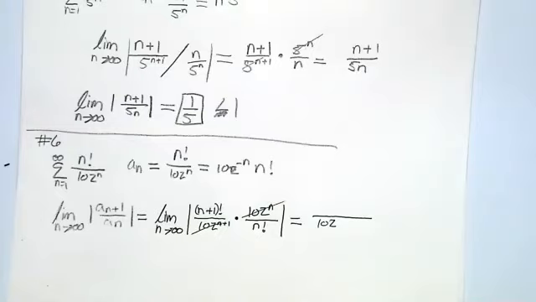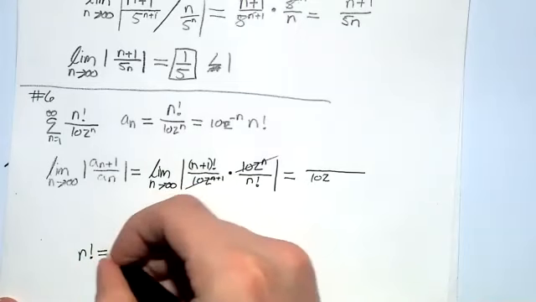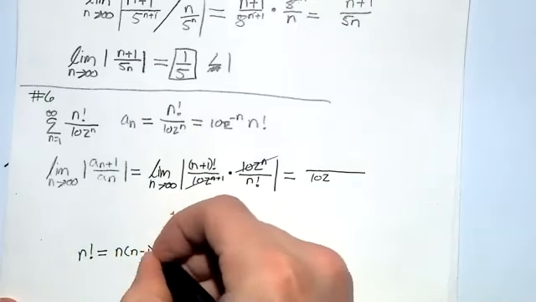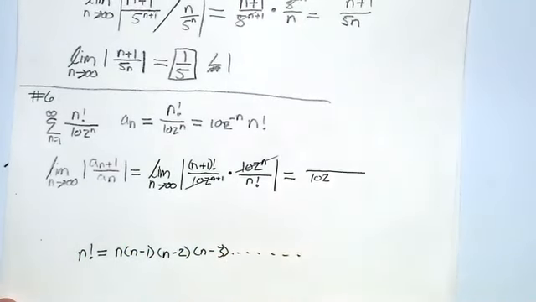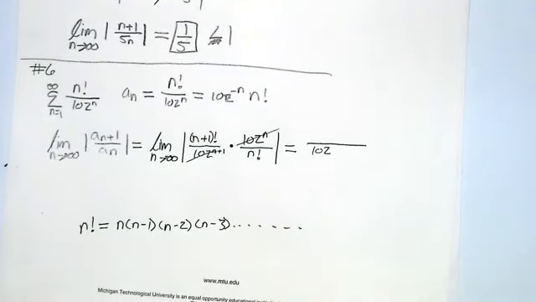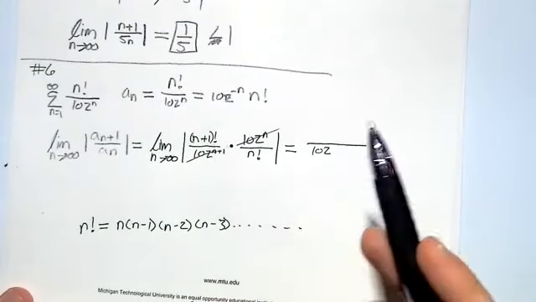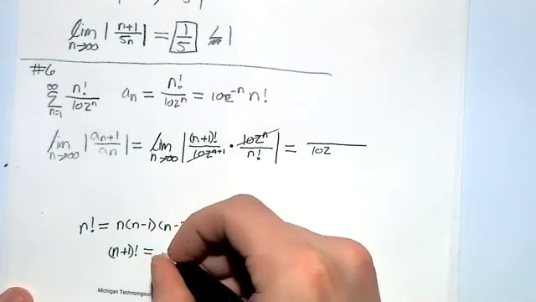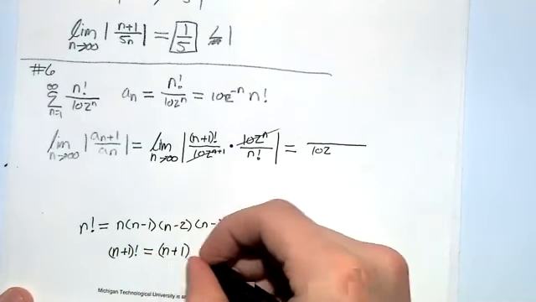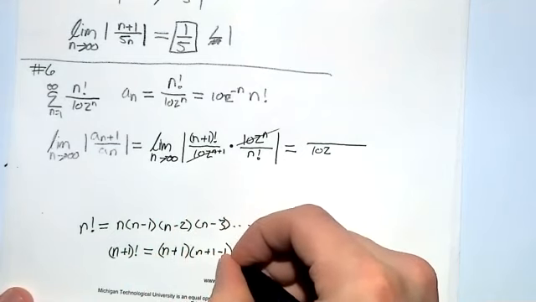However, when we have a factorial, if we think about n factorial, that's going to equal n times n minus 1 times n minus 2 times n minus 3, and so forth. And now we can translate that to what we have above. This n plus 1 factorial is really equal to n plus 1 times n plus 1 minus 1, which cancels.